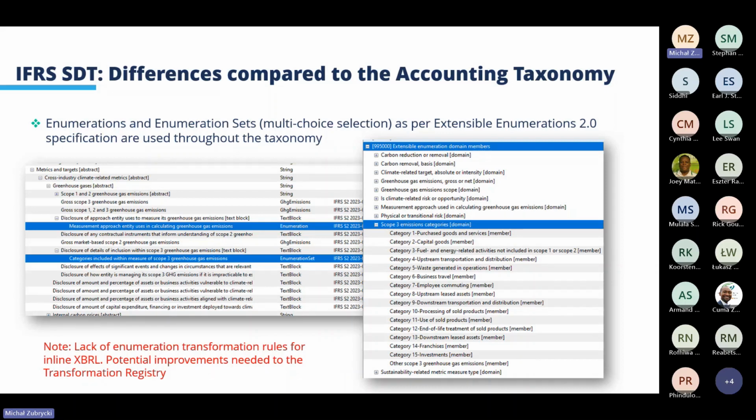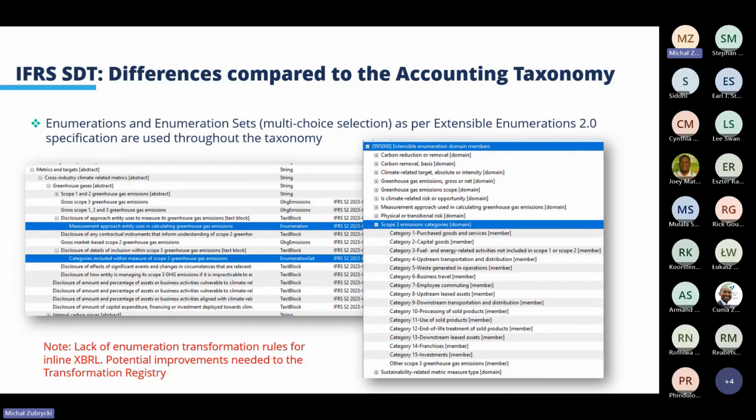The tricky thing is, and this is probably something that will soon appear thanks to the introduction of enumeration sets and enumerations in the SDT taxonomy, that as of now, there are no dedicated transformation rules for inline XBRL in terms of facts typed as enumerations.